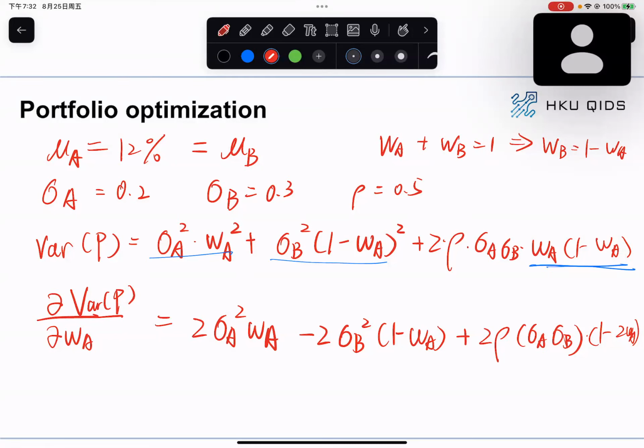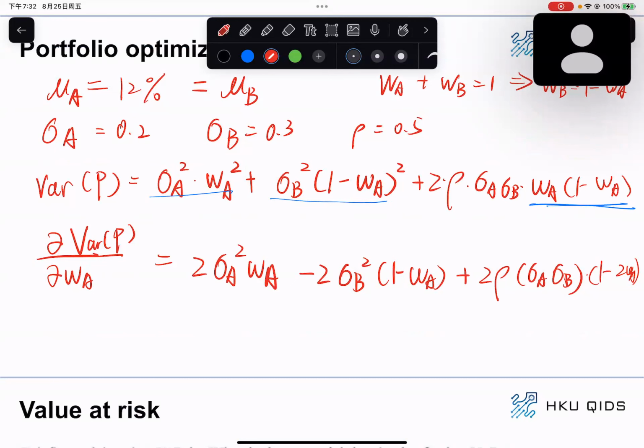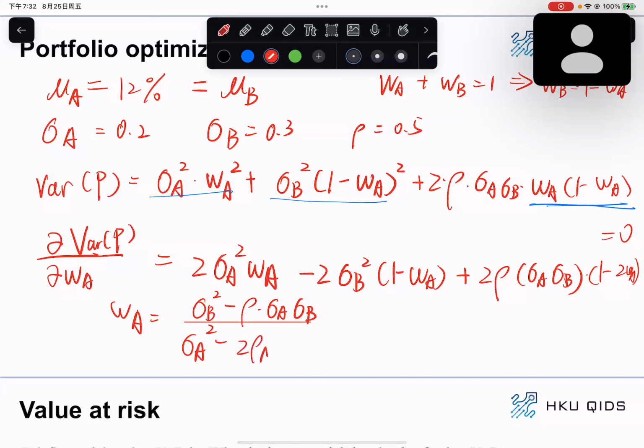And if we remove the several items, we set this equation equal to 0, so that we can find that WA is simply sigma B squared minus rho multiplied by sigma A sigma B, over sigma A squared minus 2 rho AB sigma A sigma B plus sigma B squared.